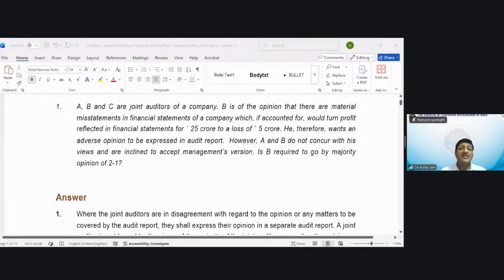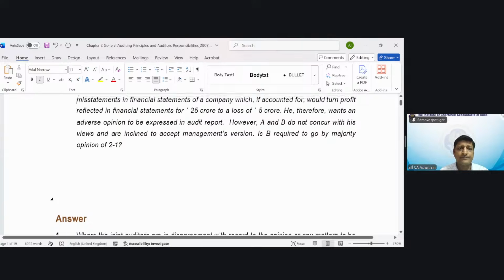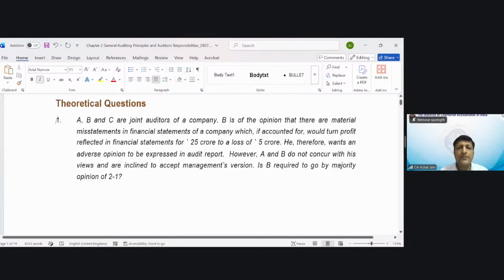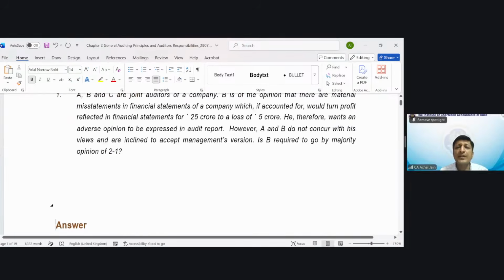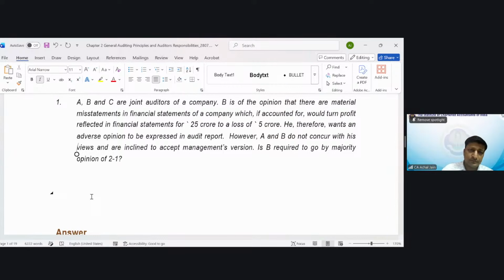A, B, and C are the joint auditors of a company. B is of the opinion that there are material misstatements in the financial statements of the company, which, if accounted for, would turn the profit reflected in the financial statements of 25 crore to a loss of 5 crore.